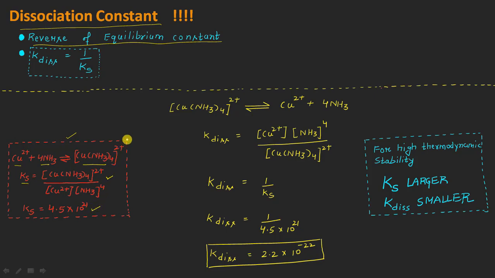Now just imagine if we write this equilibrium reaction in the reverse direction, sending the complex ion onto this side and the constituent ions onto the other side. We will have a situation something like this.